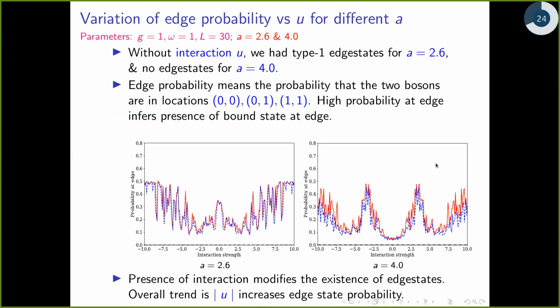In the second graph, when A is 4.0, there is a kind of noisy sinusoidal structure. Actually it's not sinusoidal, because if we increase the interaction strength more, then it just steadily goes high. Okay, so in that region, until, let's say, 7.5 or 10, it's a kind of sinusoidal structure.